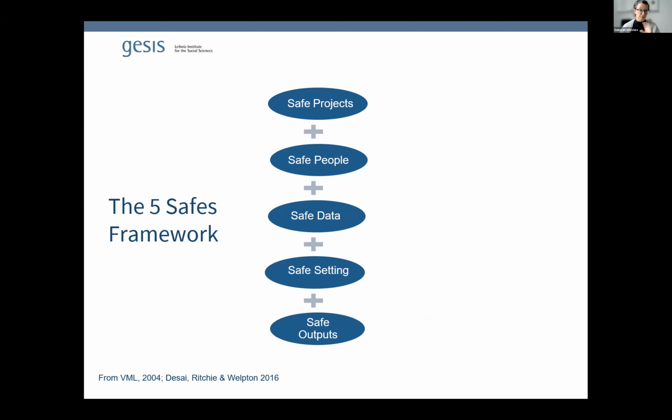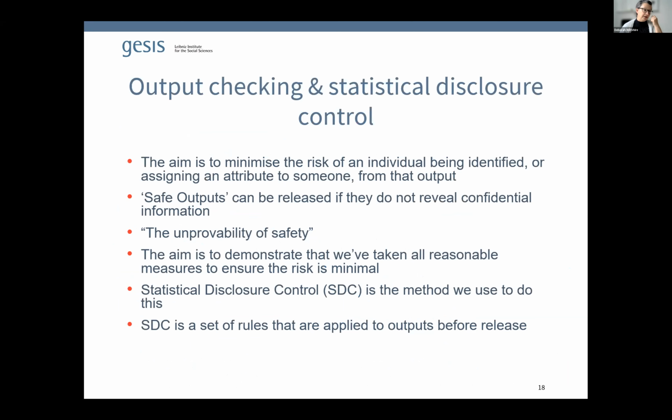So the final of the 5 safes is outputs. And we deal with this through statistical disclosure control. Now, essentially, an output, if anybody's not familiar with the term, is the analytical results that a researcher wants to publish. So this is the thing that's going to be seen by the wider public.